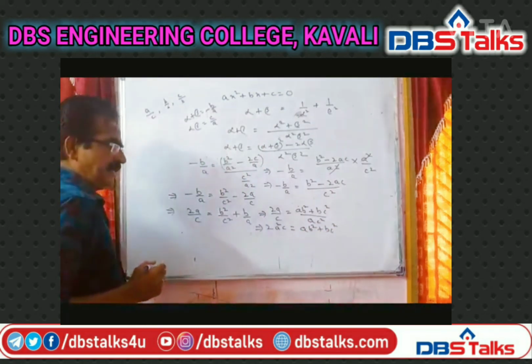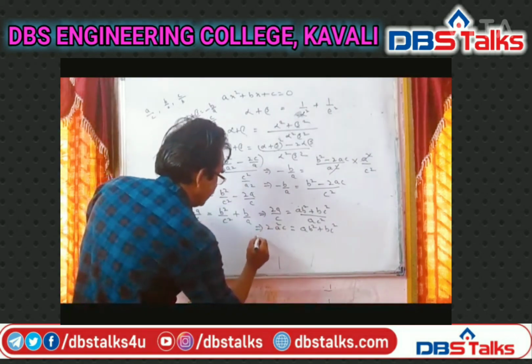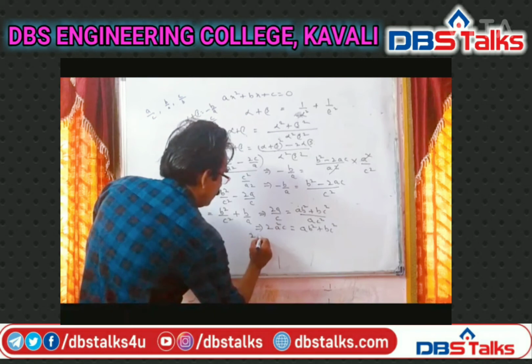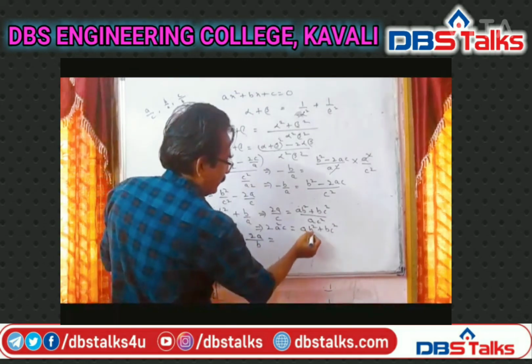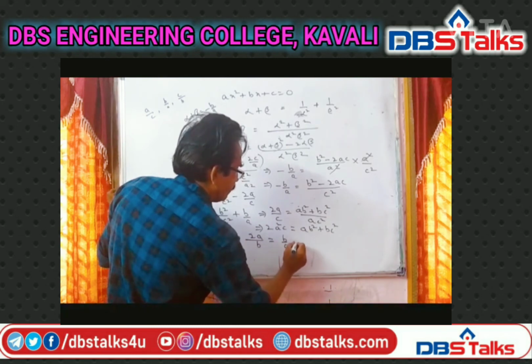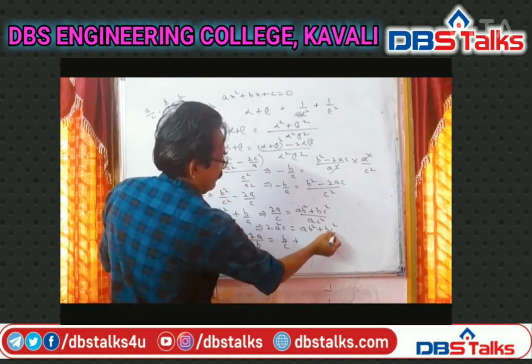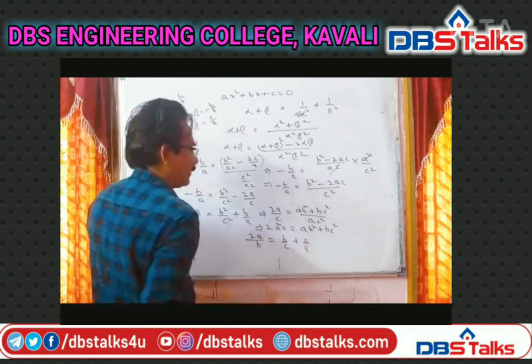Let us divide by abc. Then what remains on the left side? 2a by b is equal to, a b gets cancelled and 1 b remains, b by c plus 1 c remains, c by a.